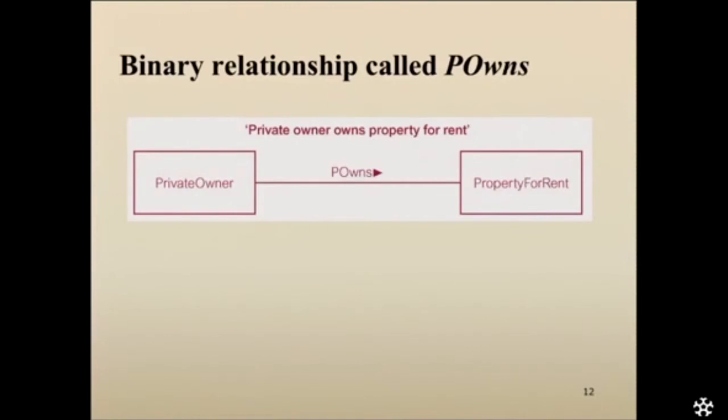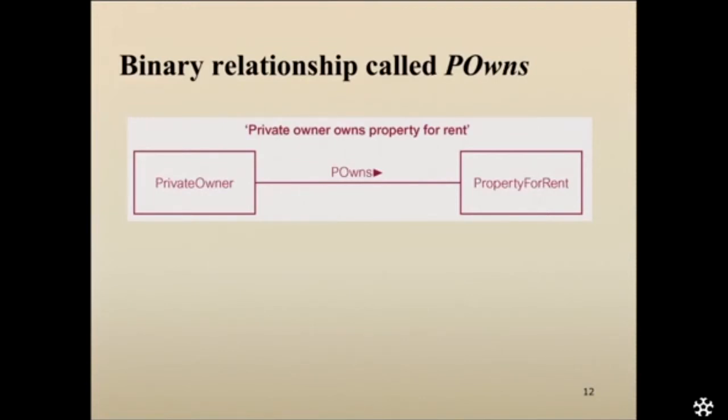So here is a relationship between two entities from the example in your textbook. So let's say we have got the real estate agency, and one of our tables is called private owner, and in this table we store the details of all the owners of our properties that we manage or we are going to sell.